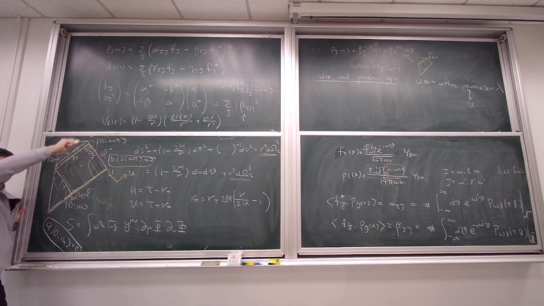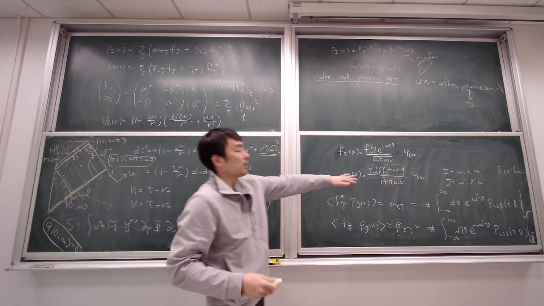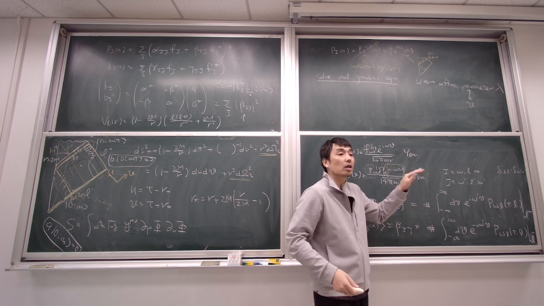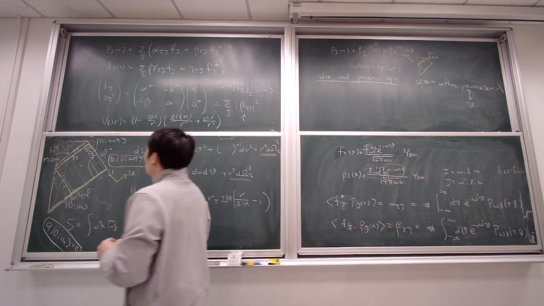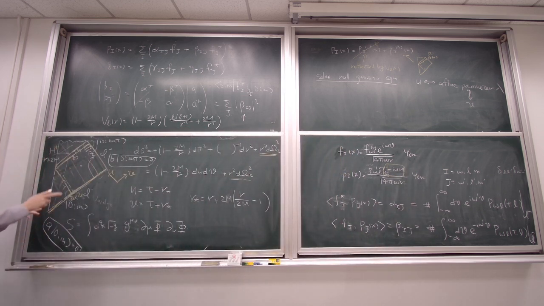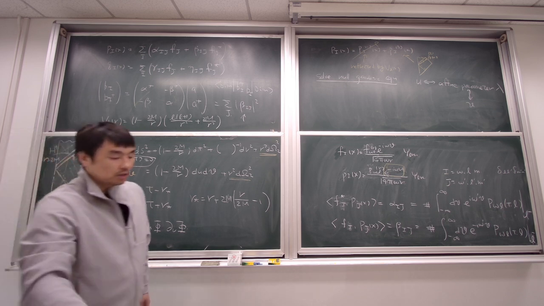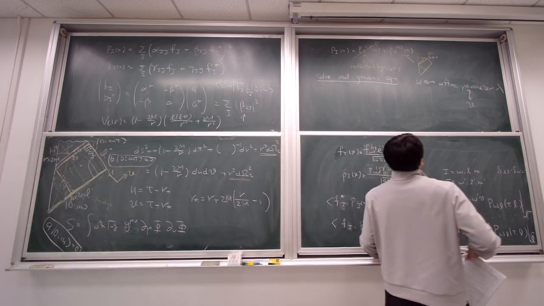So the propagation mode is really measured by e to the minus omega u. Therefore, we have to somehow relate u and v in a nice manner from a different region. That's the difficulty of this computation, and to do that, we have to solve the null geodesic equation.